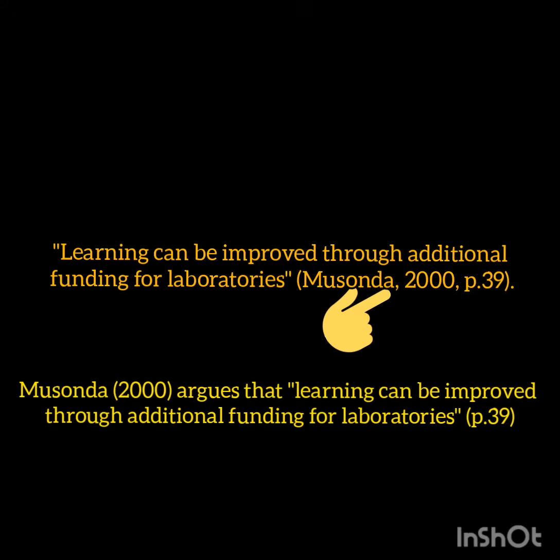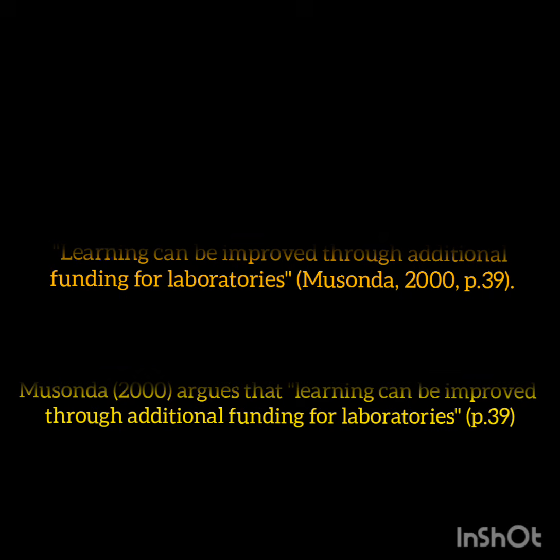You can also begin your citation or your direct quotation as follows. Musonda 2000 argues that learning can be improved through additional funding for laboratories. So in this example, the author's name appears first, then the year in parentheses after the author's name, followed by the quotation and the page number in parentheses.